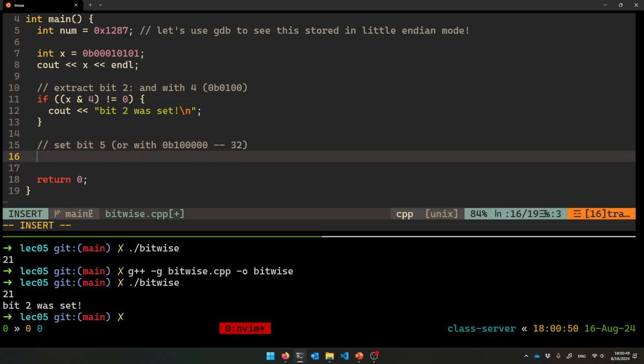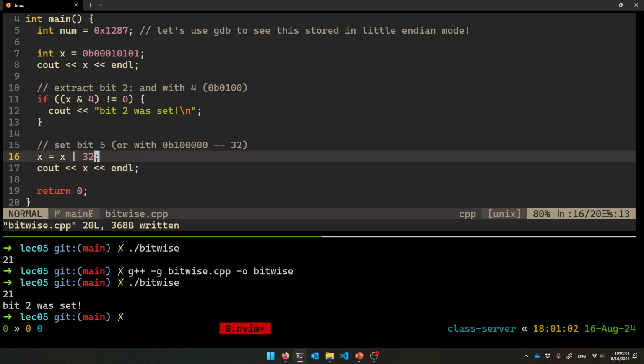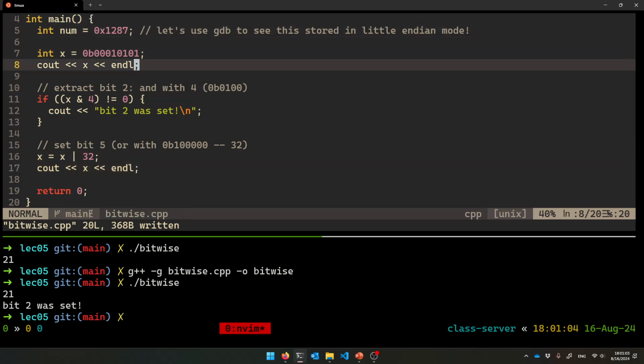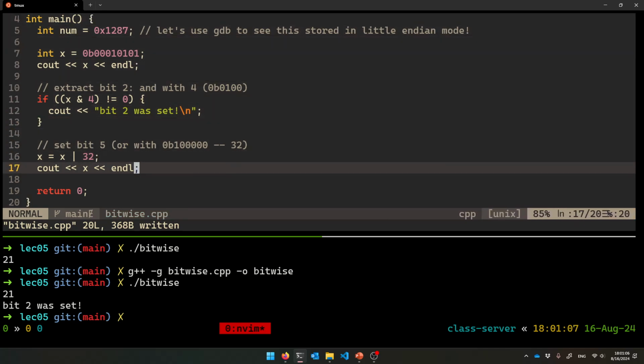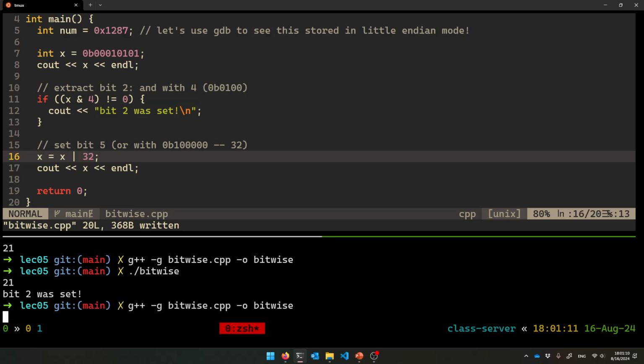That's just the number I care about. So X equals X ORed with this thing, or 32. Either one works. Then that will force that bit to be set, and that's actually going to change our X. X was 21. Bit 5 was not already set, so it's going to add 32 to the number, essentially. 21 plus 32 is apparently 53.